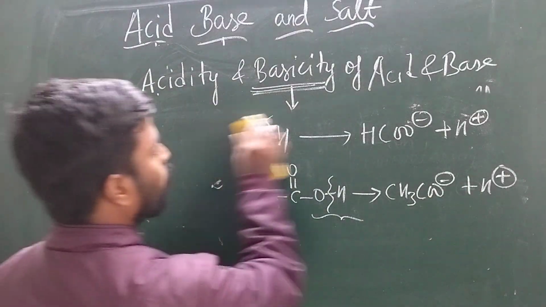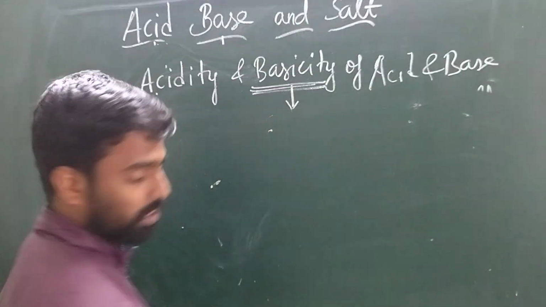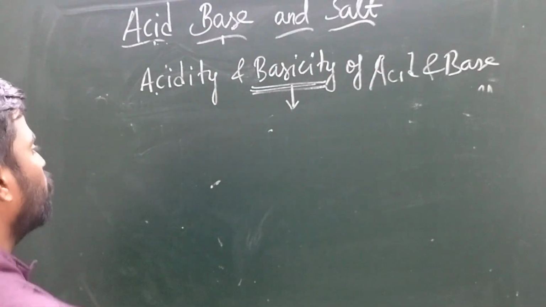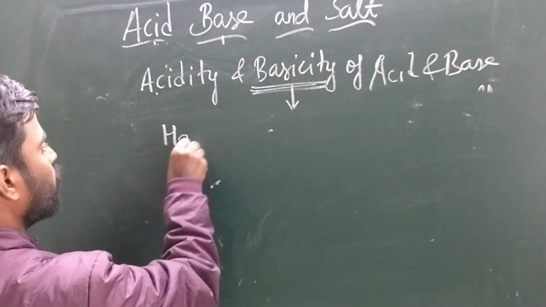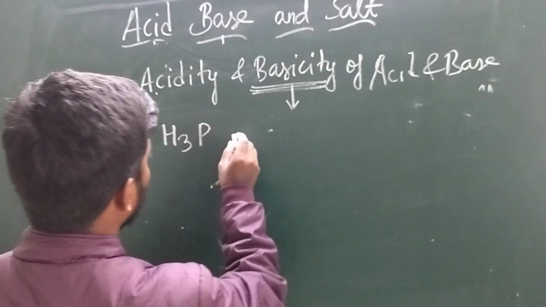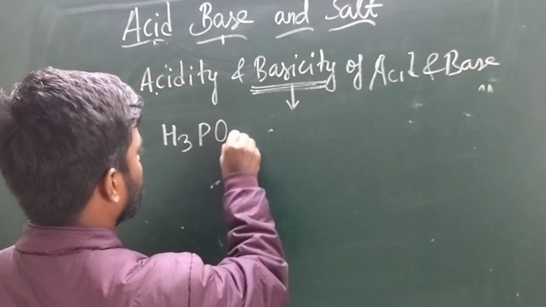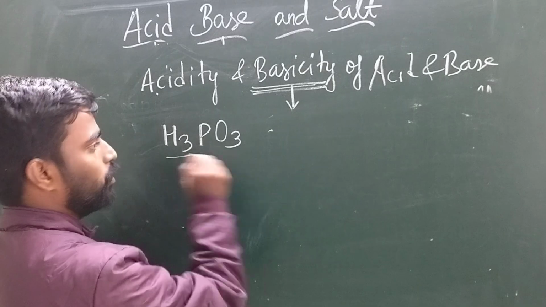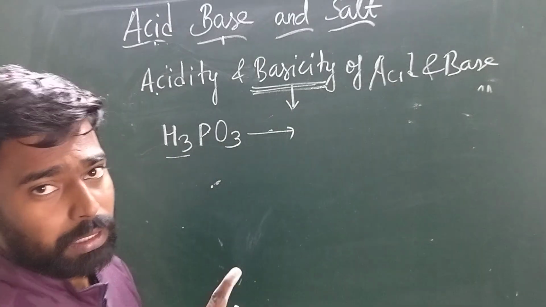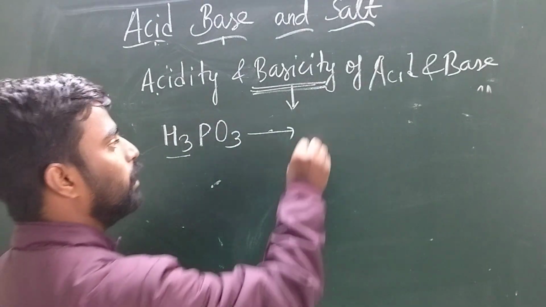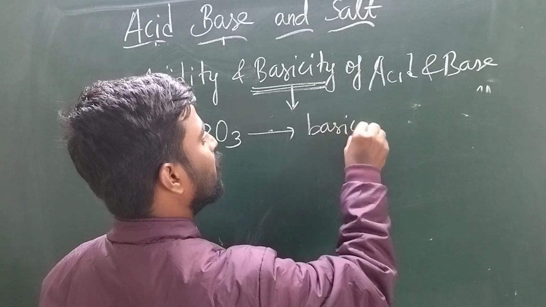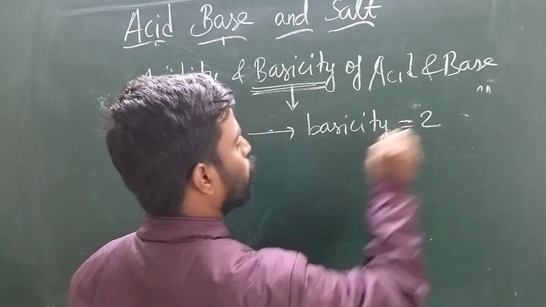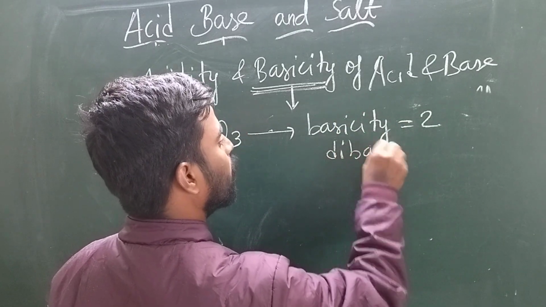Similarly, if we talk about H3PO3, as per the number of hydrogens it should be tribasic, but it is not tribasic. Its basicity is equal to 2, meaning it is dibasic.